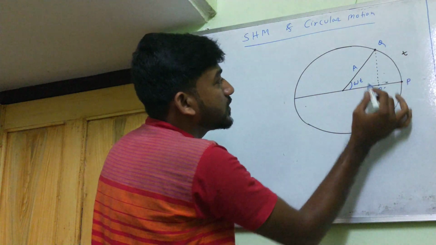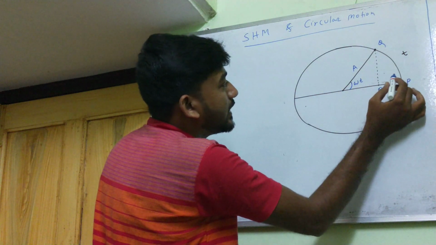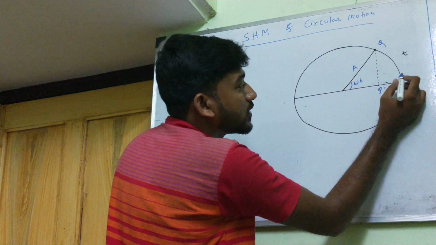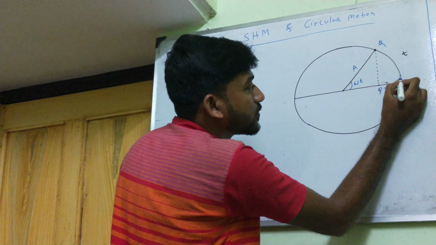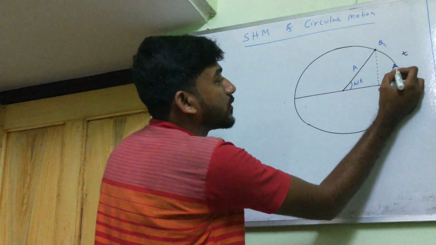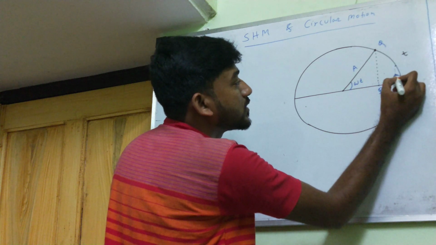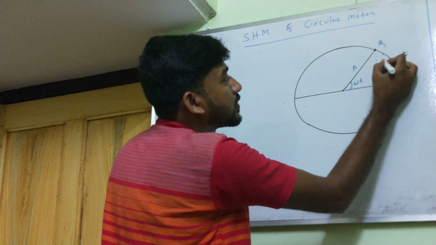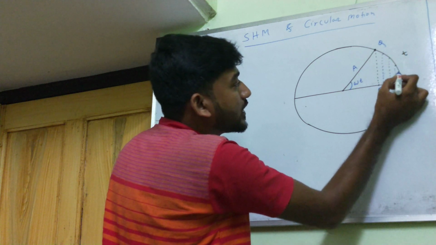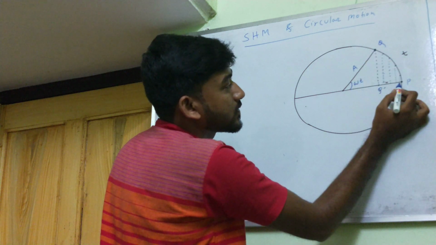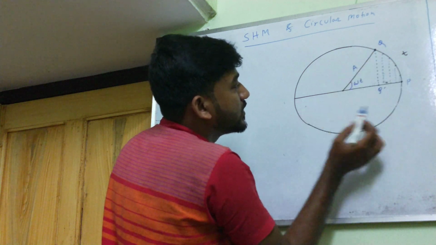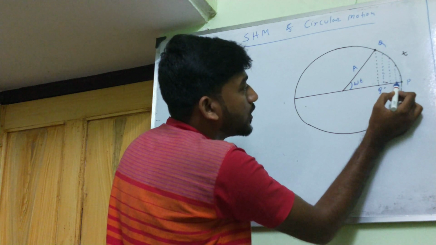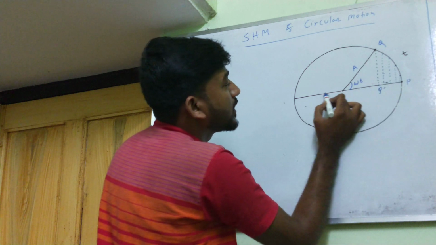Similarly, if we see all the projections at each and every point on the circle, when the particle is at this point, then the projection will be at that point. When the particle is at this point, then the projection will be at that point like this. So if we take the projections at all instants of time onto the base, we can easily see that the projection of this particle will go along the diameter of the circle.